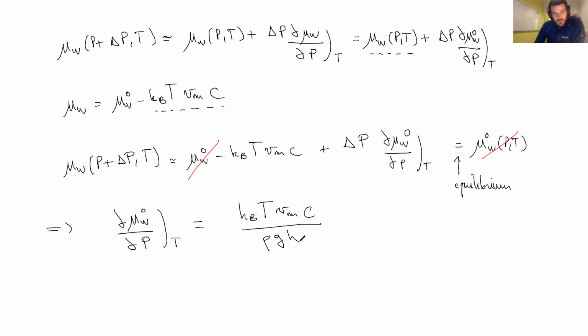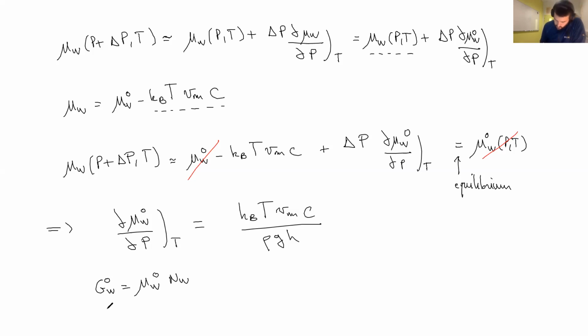Now I wish to estimate the left side of this equality to terminate the process. So let me consider the pure phase. In a pure phase, you have the fact that G0 of water is equal to mu of water in the pure phase times the number of water molecules inside. So G is equal to mu n. That's an important relation in thermodynamics for the free enthalpy.